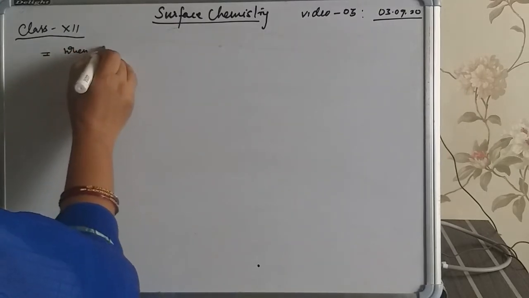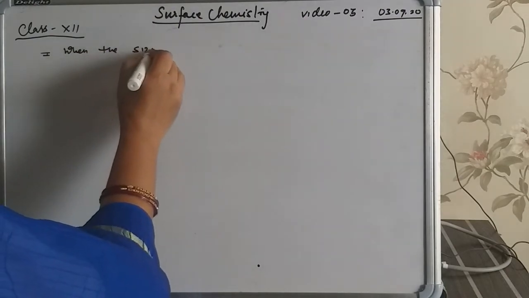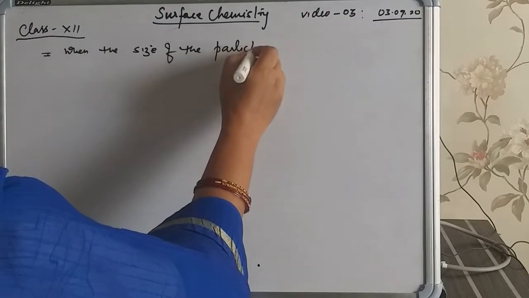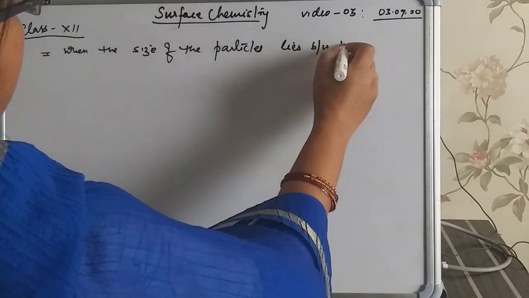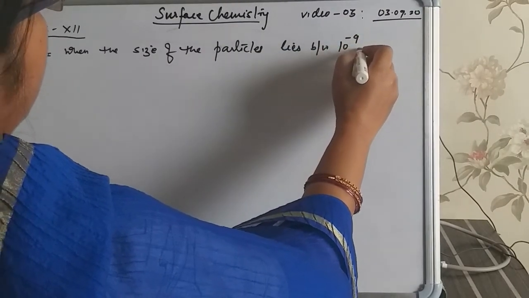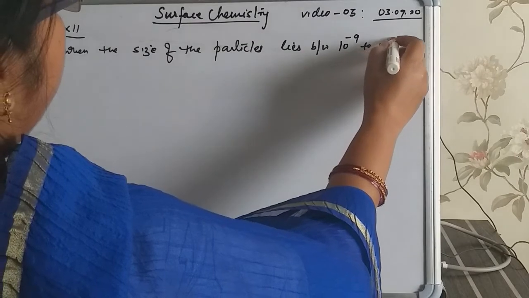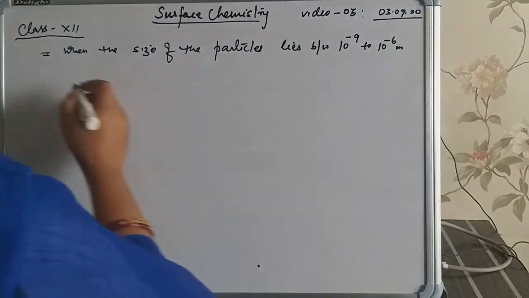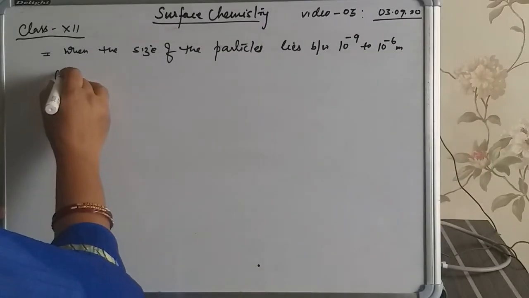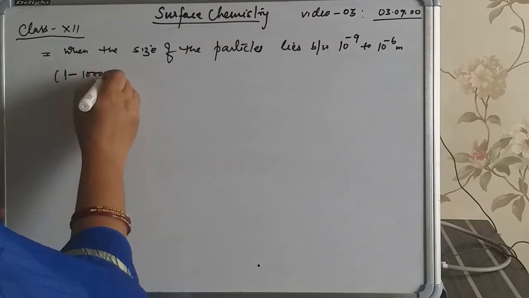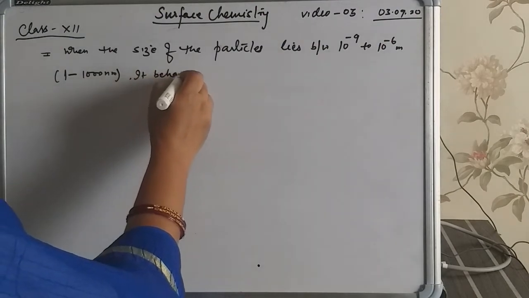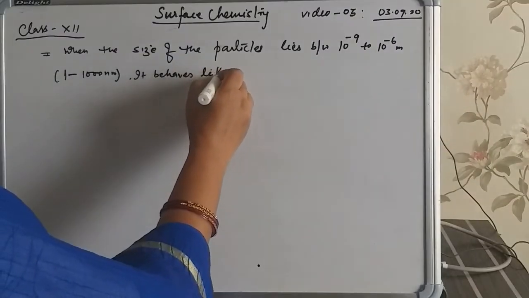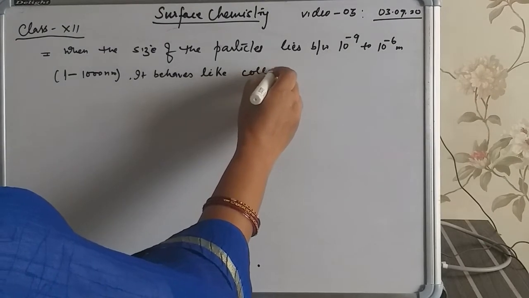When the size of the particle lies between 10 to the power minus 9 to 10 to the power minus 6 m, means 1 to 1000 nm, it behaves like colloids.